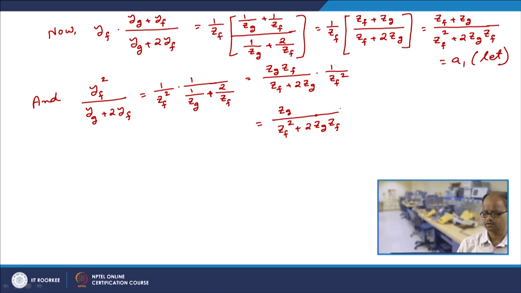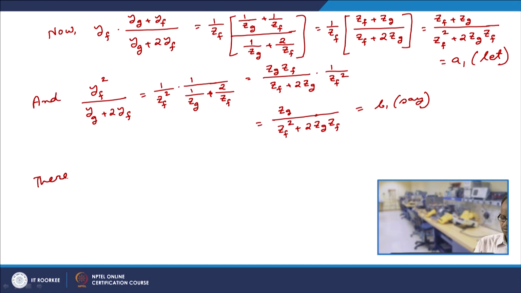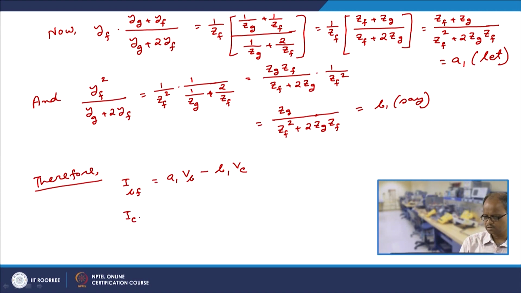Let's call this B1. So utilizing this, IBF is equal to A1 into VB minus B1 into VC, and ICF is equal to minus B1 into VB plus A1 into VC.